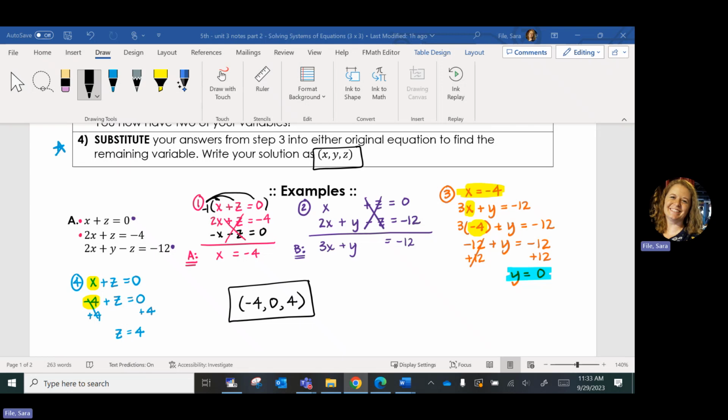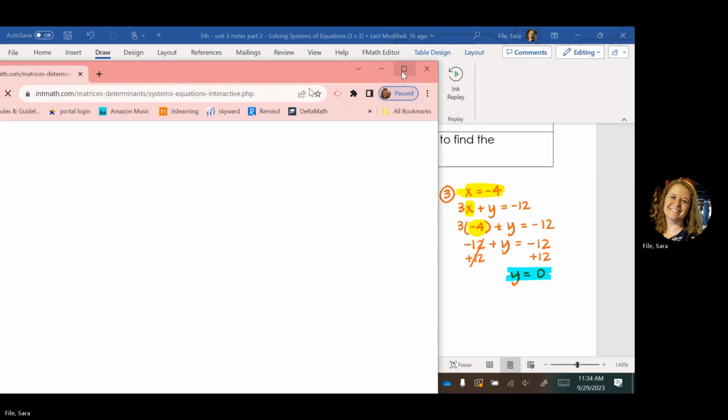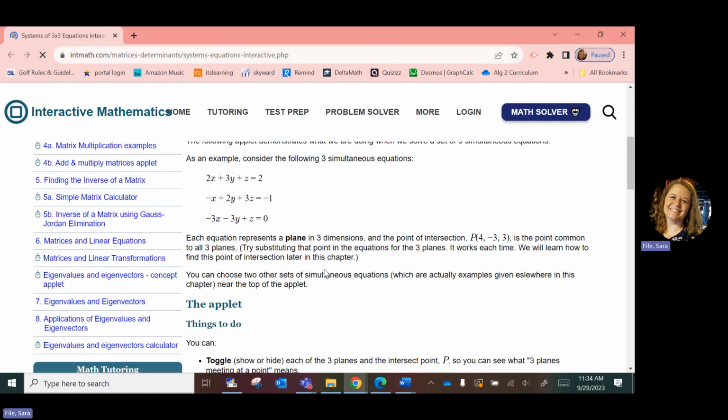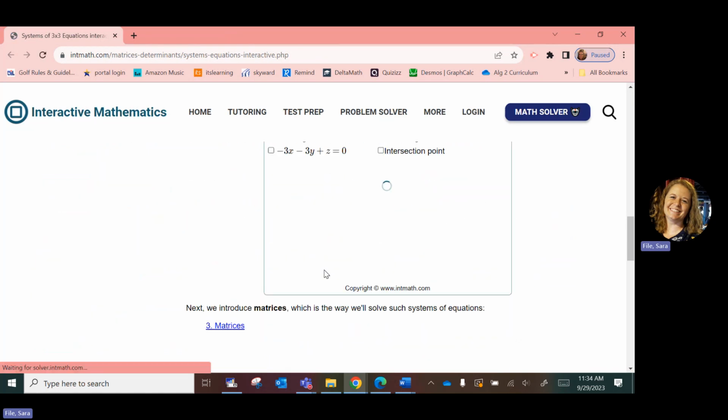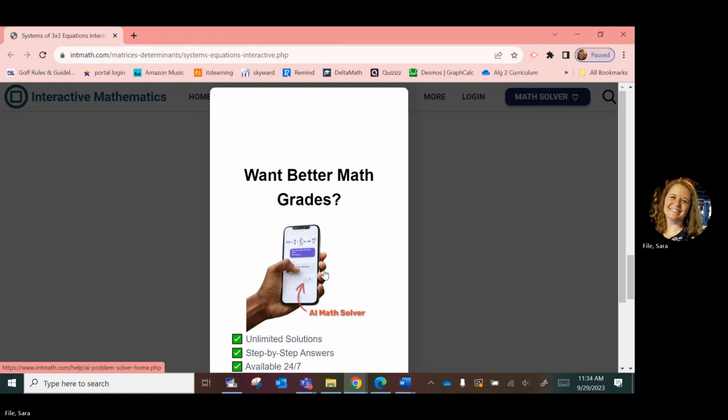Okay, so this one might be a good one. So what it would look like if you were to graph a 3x3.